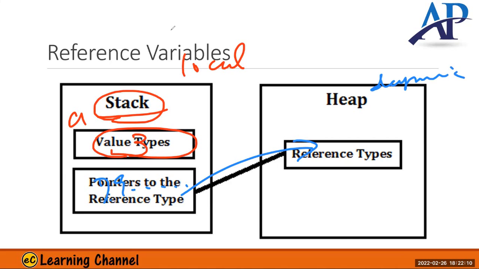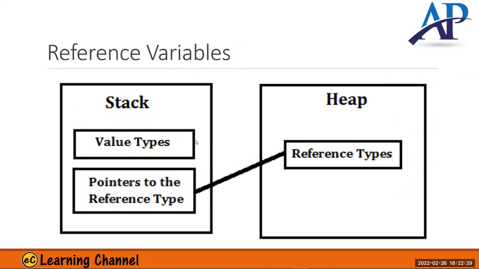And in the dynamic area, you store 1, 2, 3. So that is an object, and this one is only the address pointing to there. So the primitive data type and the reference data type are different.